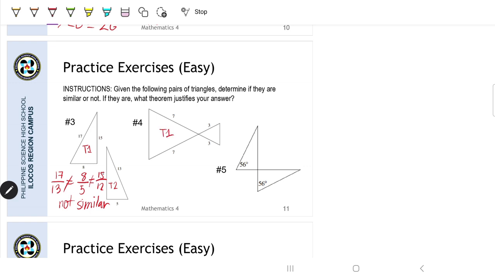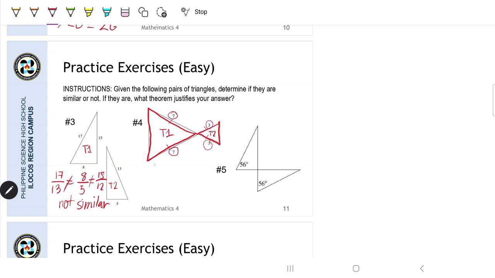T1 is this larger triangle, this one. And T2 is this smaller triangle. Since we are given here, T1 is an isosceles triangle because the two sides are equal in length. Also with T2, the two sides are equal in length.